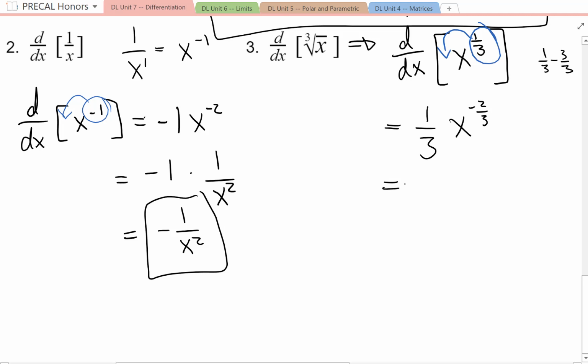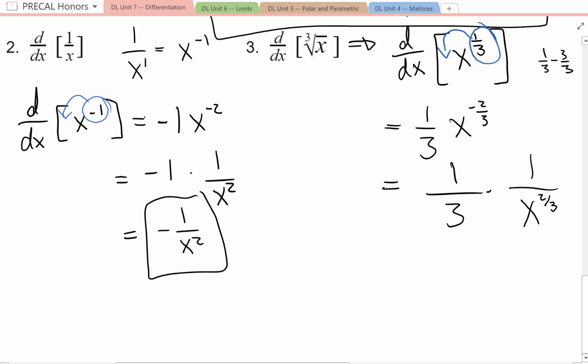We can simplify this, and we should. 1 over 3 times 1 over x to the positive 2/3.